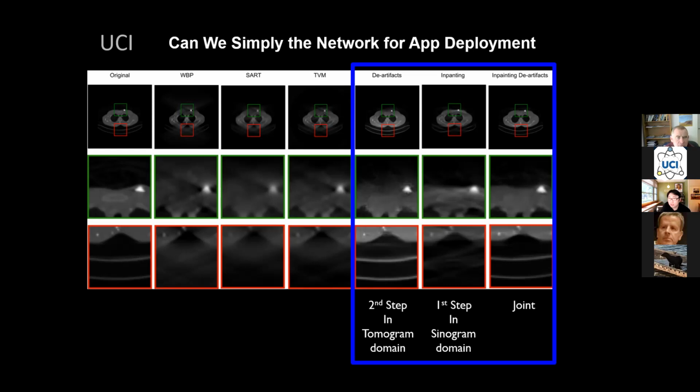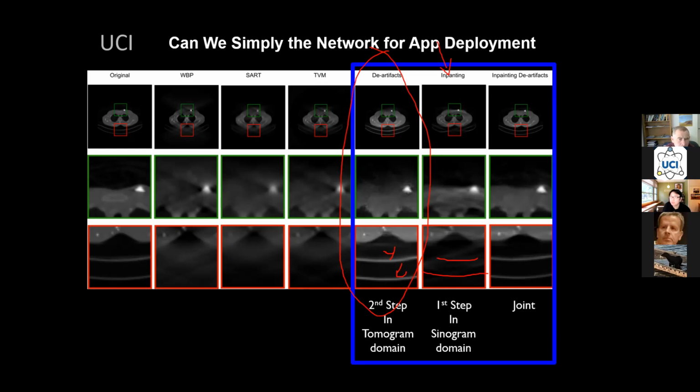We did that according to their advice, and we found that the artifact network works pretty well just by itself. It doesn't really need the in-painting network much to recover this information here, right?